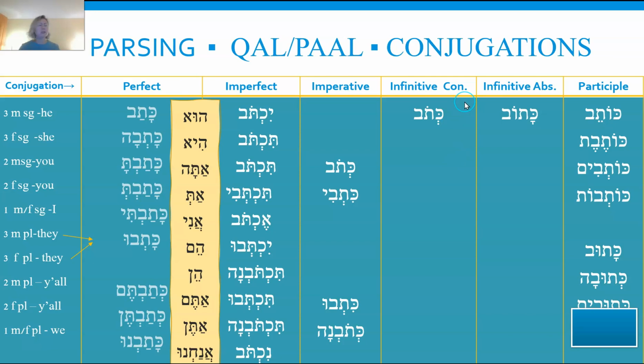So infinitive construct is just bound to be shorter, and it has this form, ktov, as short as possible. Seriously, we only have two syllables. The first one has a really short vowel and vocal schwa, and the next one has holem, but again, it's just holem, it's not even a holem vav, even though it can appear with a holem vav.